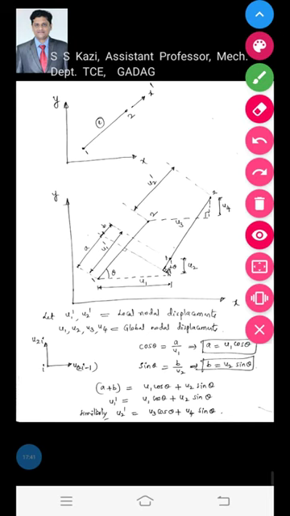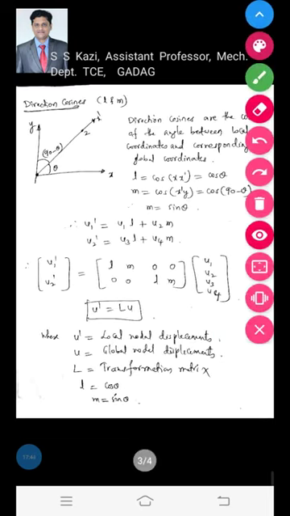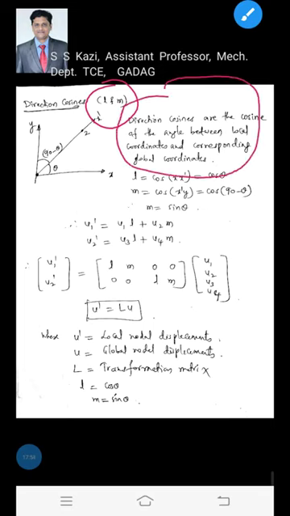Okay, now next we will move on to the direction cosines. Direction cosines are represented by L and M. What are direction cosines? Direction cosines are the cosine of the angle between local coordinates and the corresponding global coordinates.